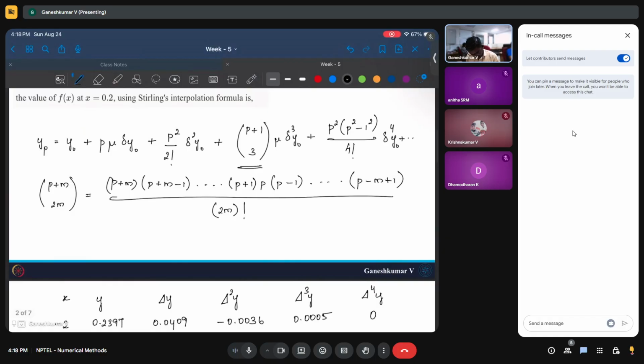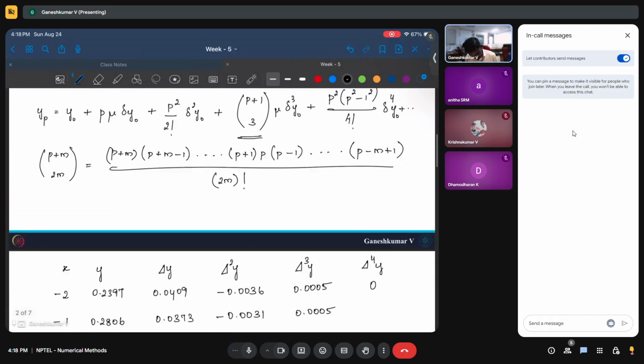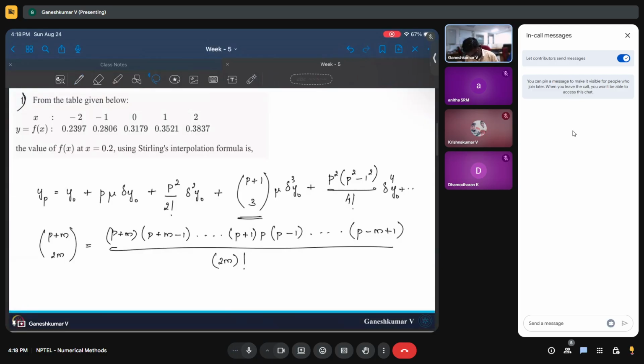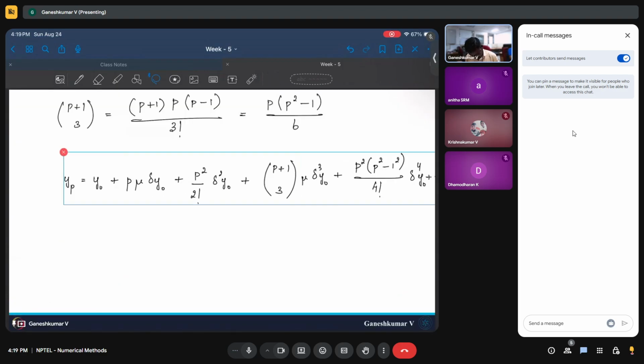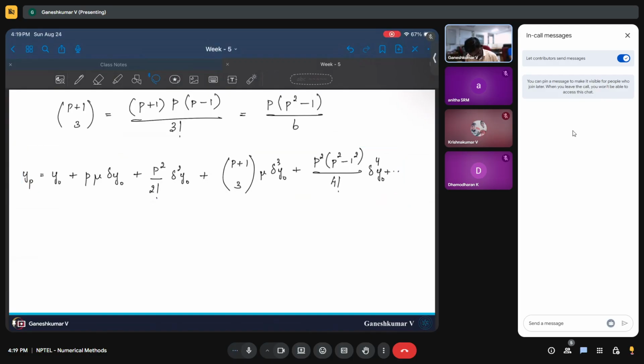And the other things we already know, so let's write this down. I can just copy paste this. The only thing is, this part we are going to write as p into p square minus 1 divided by 6.